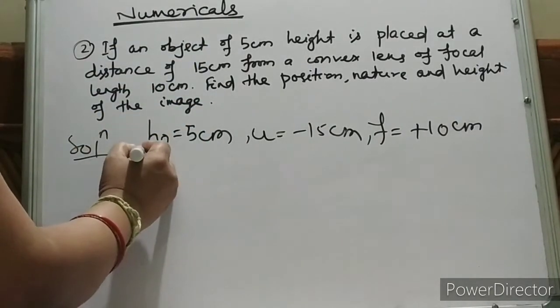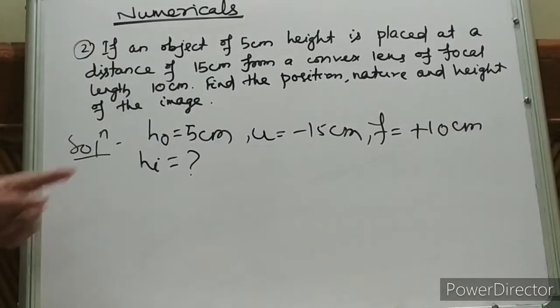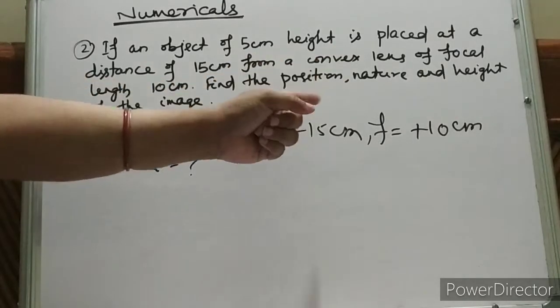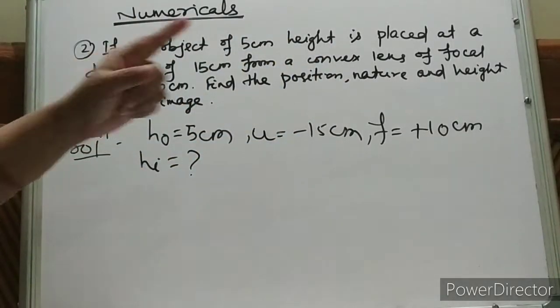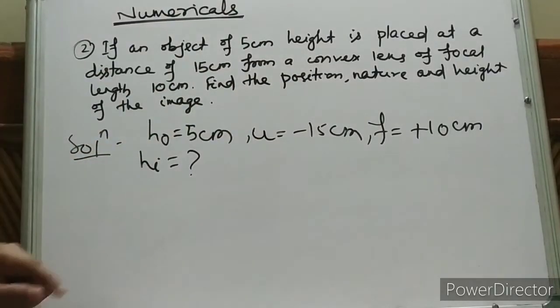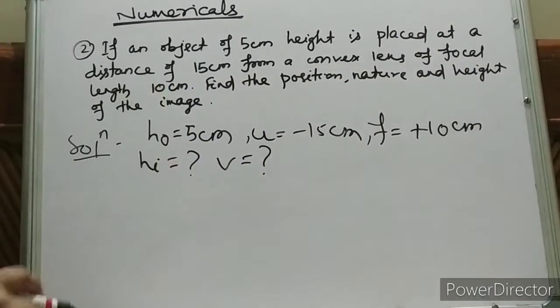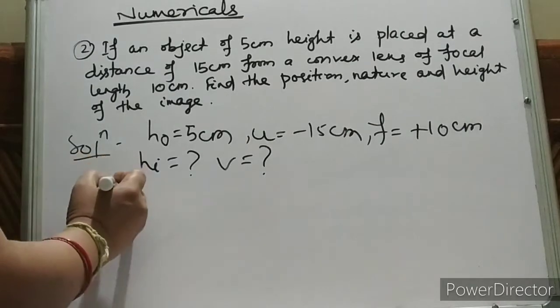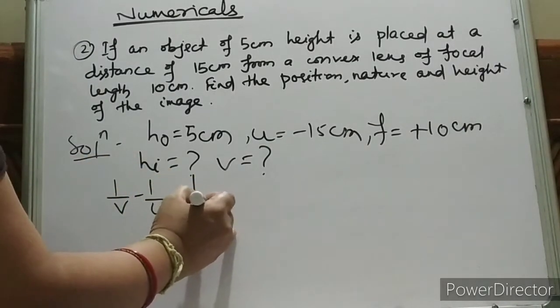So first we have to find out the image size, then only you can assess the nature and the position. Position means we have to find out v also. So let me use the lens formula first. Lens formula, you know, 1 by v minus 1 by u is equal to 1 by f.